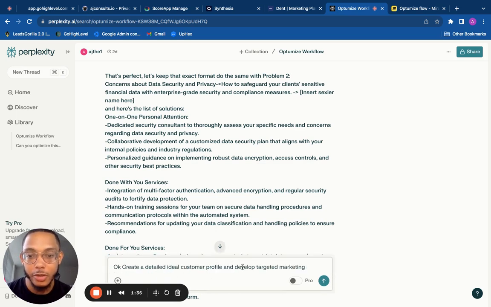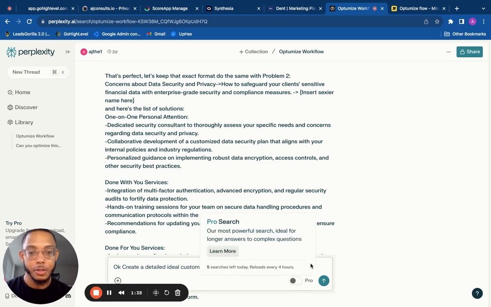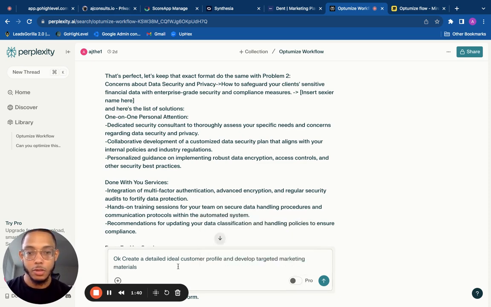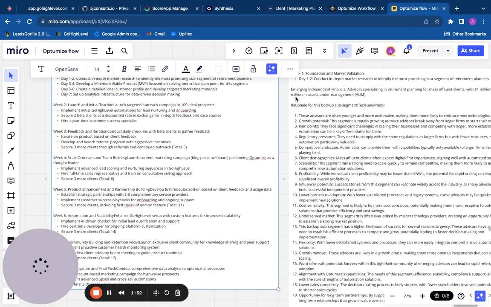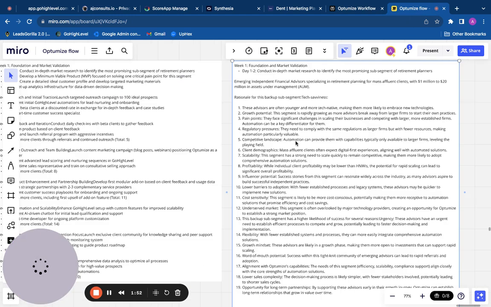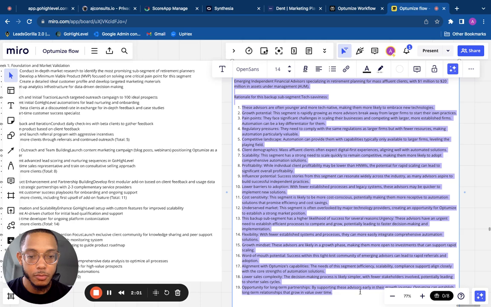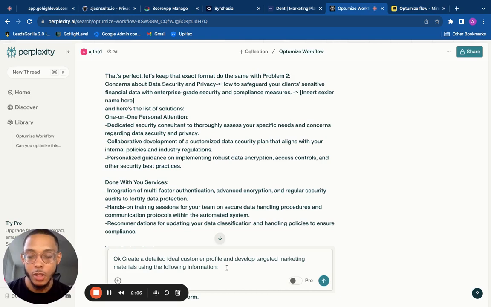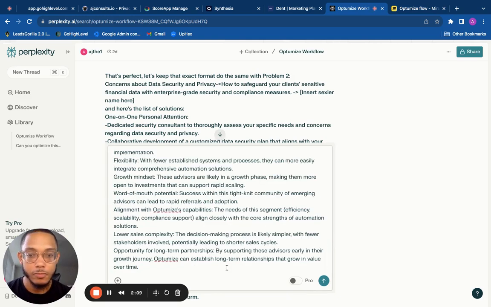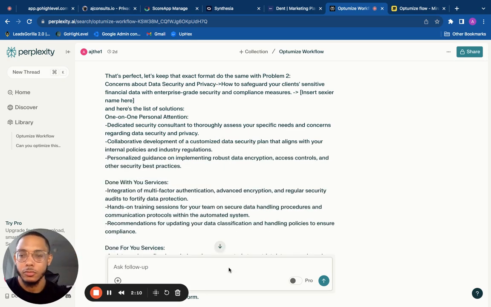So create a detailed ideal customer profile and develop targeted marketing materials using the following information. Then we'll copy and paste this. Copy this. Boom. And we're just going to paste that in there. See what it pops out.